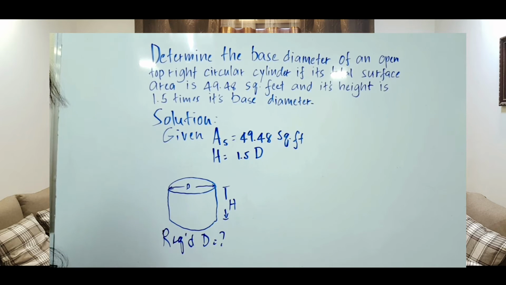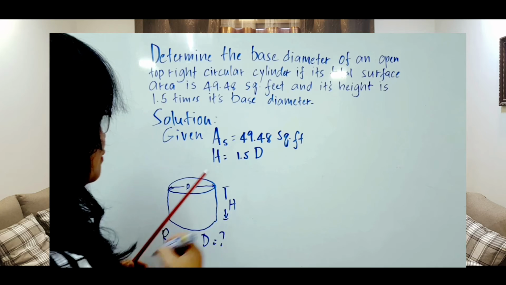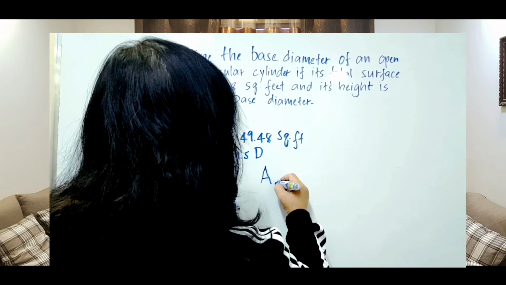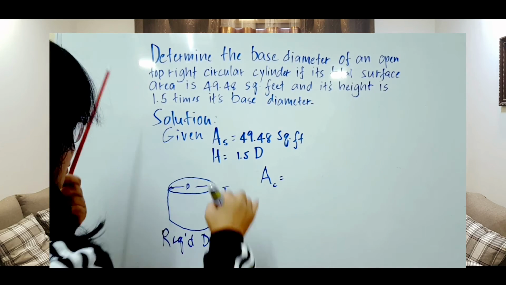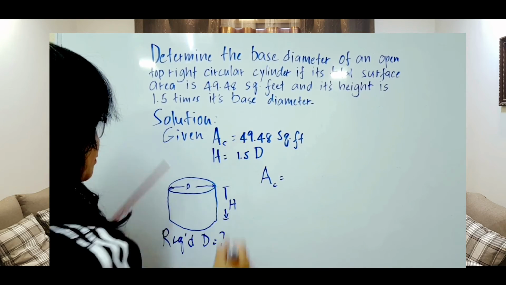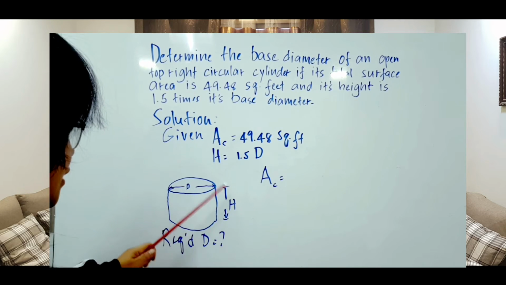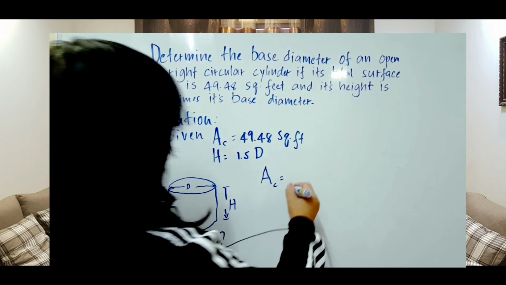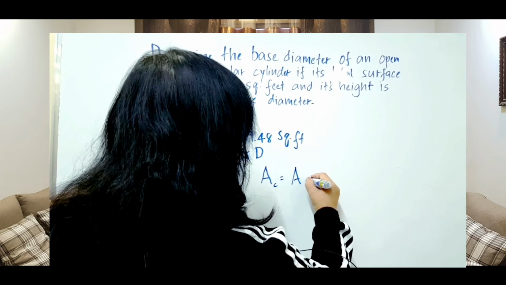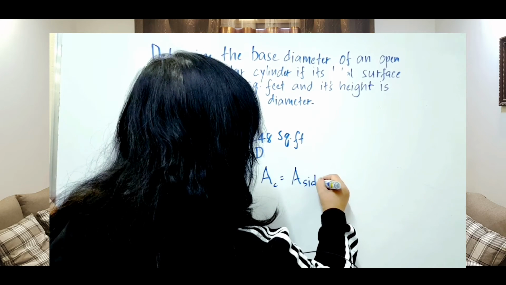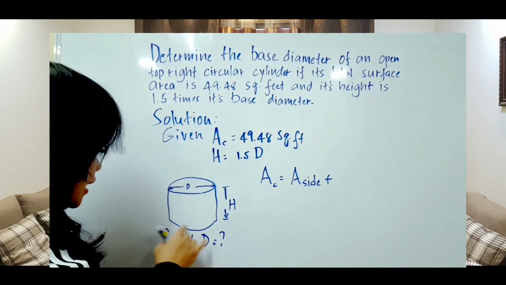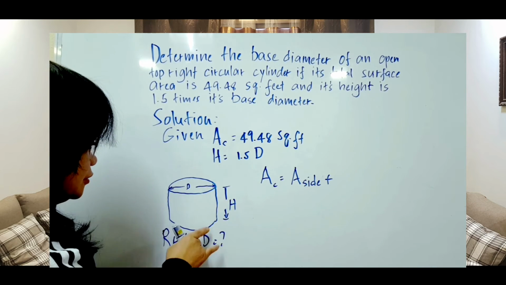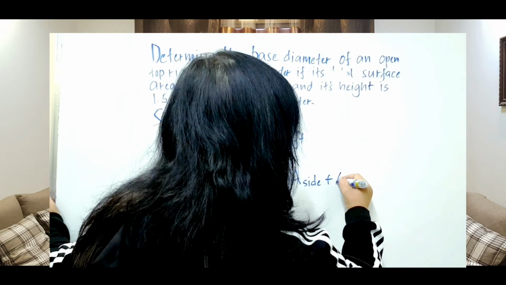Now, to solve this one, first, you have to know the total surface area of this cylinder is equal to the area of the side of the cylinder plus the area of the base, because here on top it is open, so down is the area of the base.